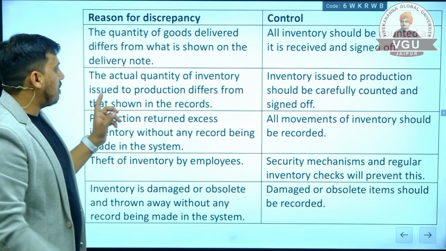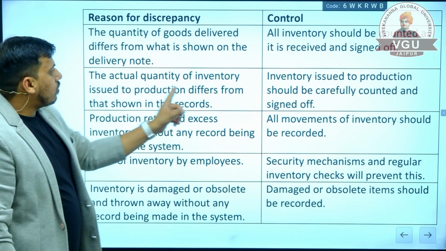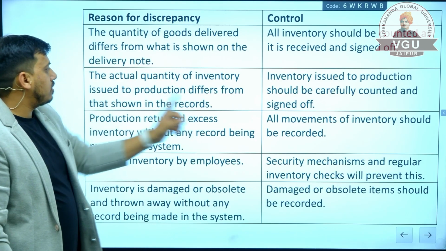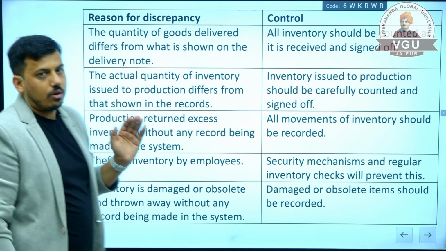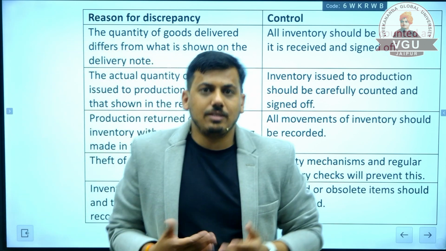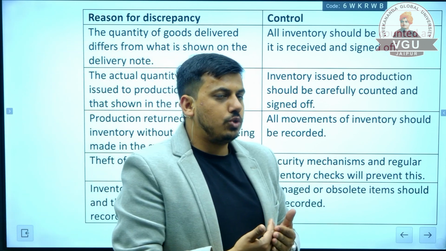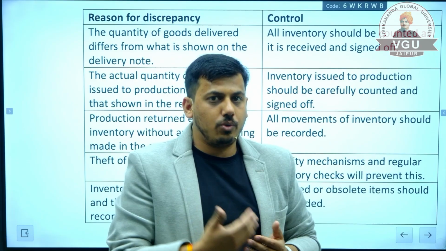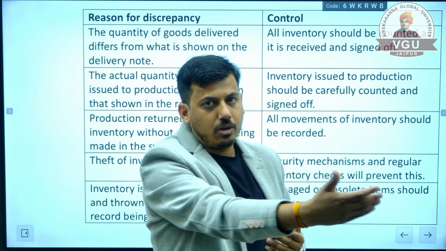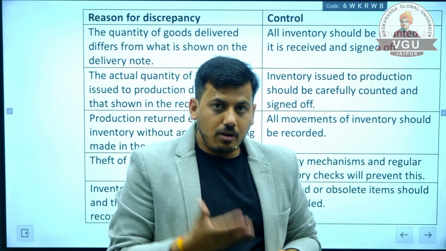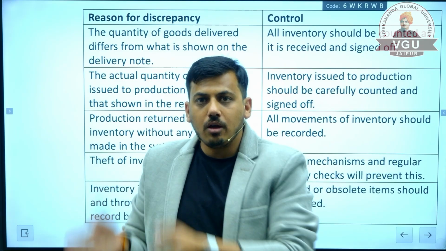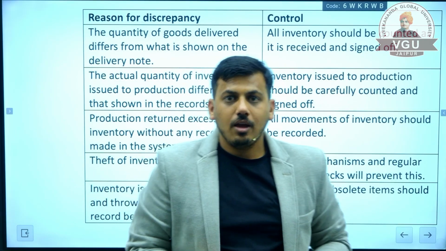Second discrepancy can arise when the actual quantity of inventory issued to production differs from that shown in the record. If we are issuing units from the store department to the production department which is different from what is shown in the records, then a discrepancy may arise.